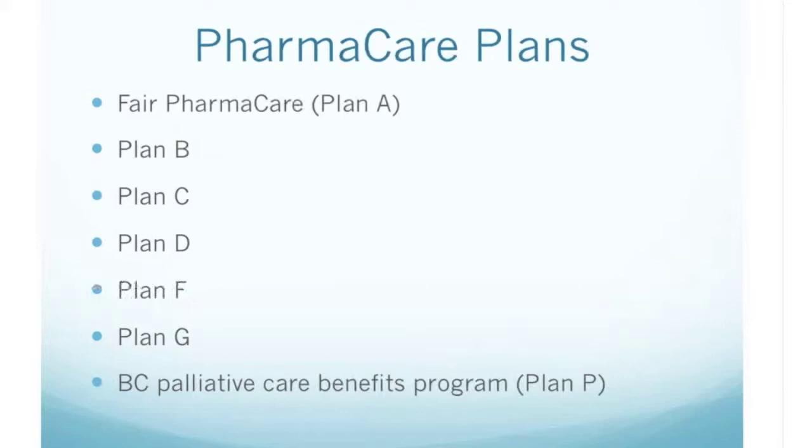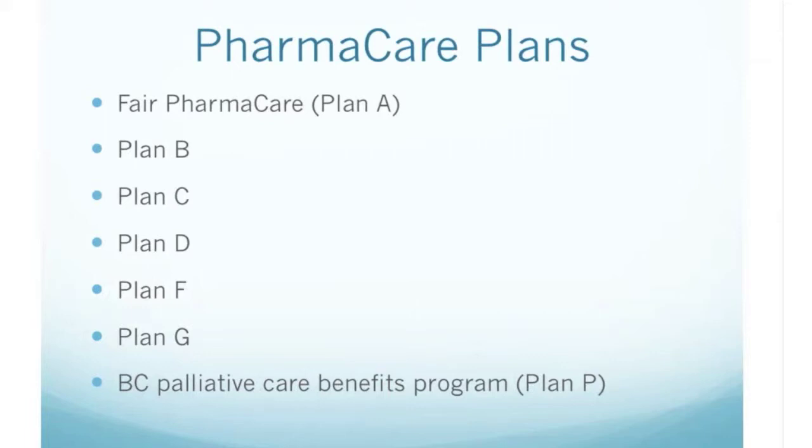A little bit of a recap from last week's webinar in case some of you were not able to listen to it last week. There are a couple of different Pharmacare plans. The Pharmacare Plan A is the universal Pharmacare plan that covers most residents of BC.